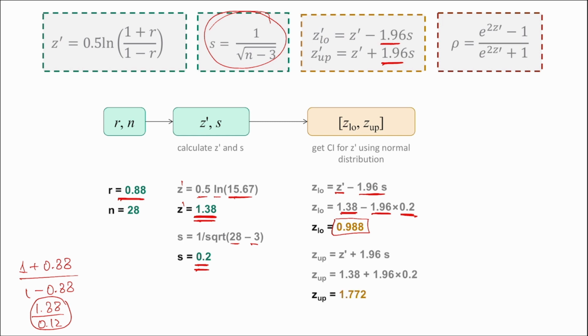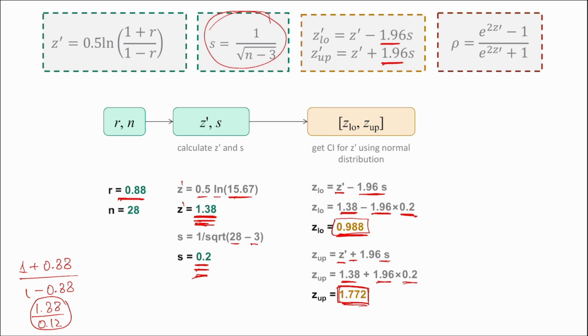Now we compute the upper boundary, similarly but plus: z prime plus 1.96 standard deviations, 1.38 plus 1.96 times 0.2, right? So that's the upper boundary. So this would be z prime for the population. If you take the correlation coefficient of the population and compute z prime based on this correlation coefficient, the z prime value will be between these two with 95% confidence, right?